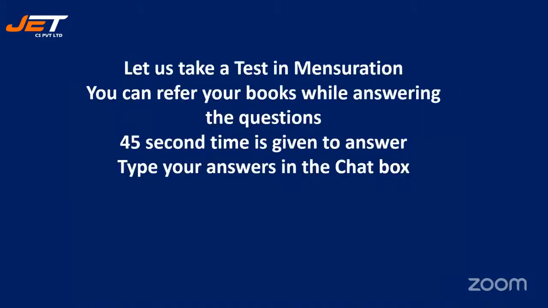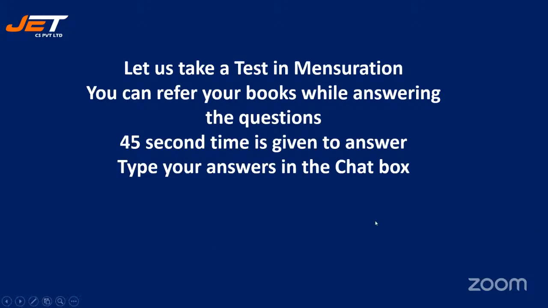All right. Now, I hope you all would have noted down or recollected the formulas. Now let us take a test in mensuration. You can refer to your books while answering the questions. 45 seconds is given to answer. Type your answers in the chat box.